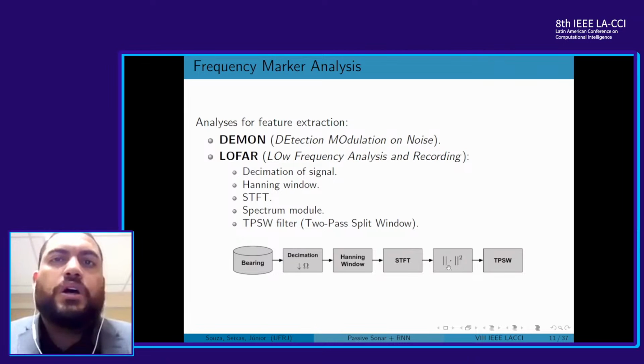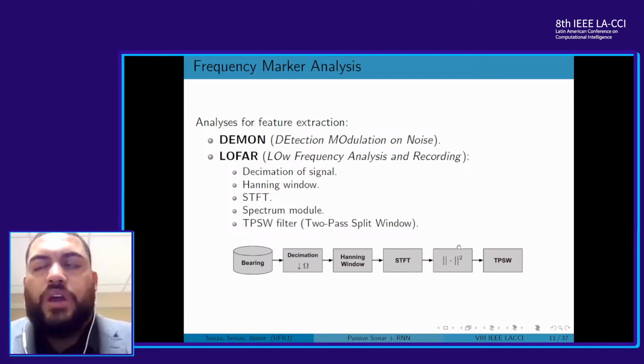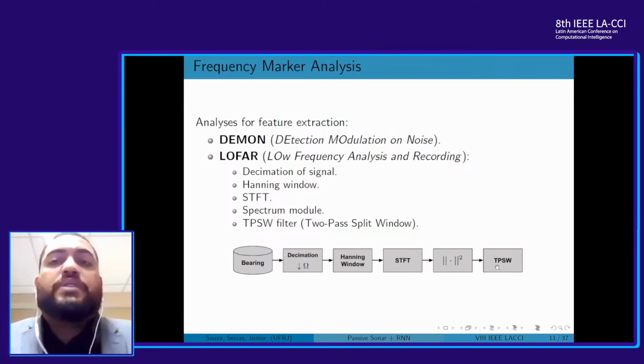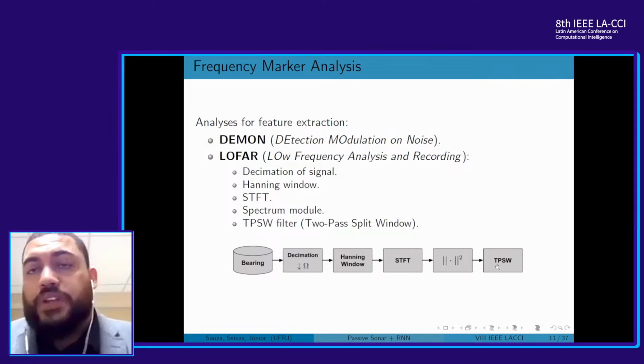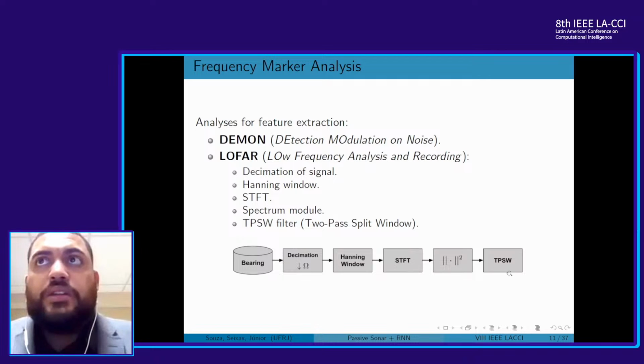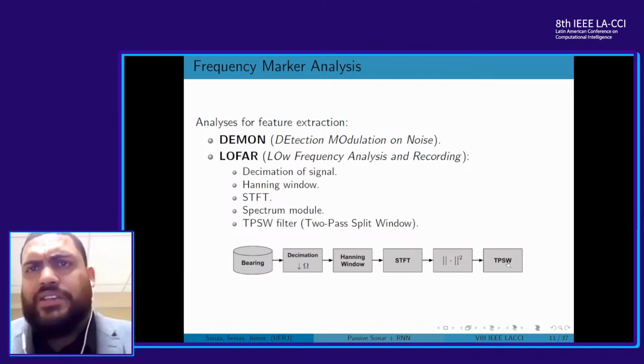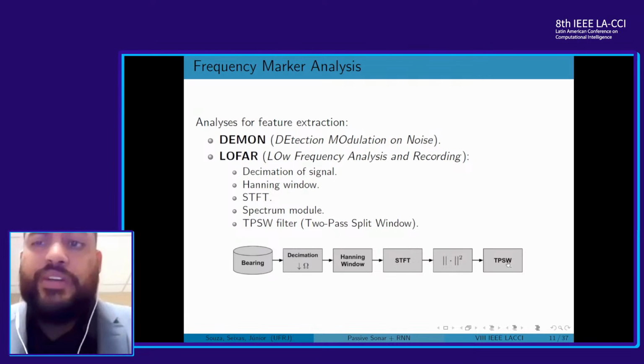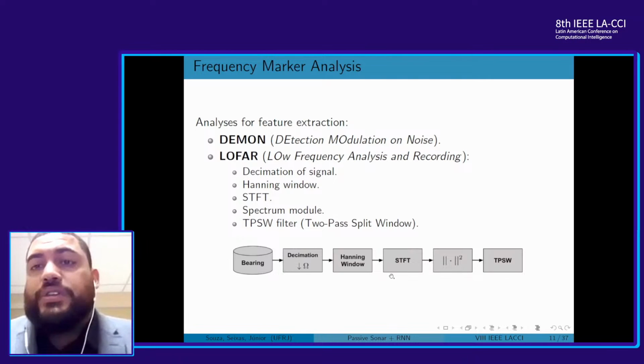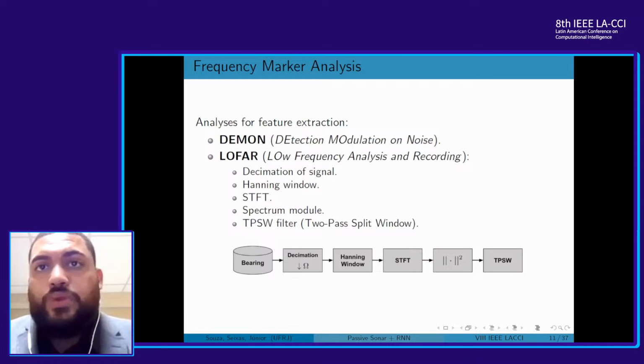We apply a modulus function, and after that we apply this two-pass split window, which is a way to estimate the background noise and remove it from the signal. Because this is common practice in the Brazilian Navy, a way to process the signal coming from the sea, and this is a good way to do it, and we can extract some features that are very relevant to classification without any problem.